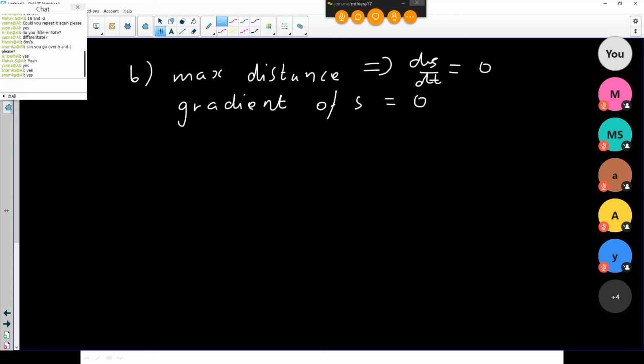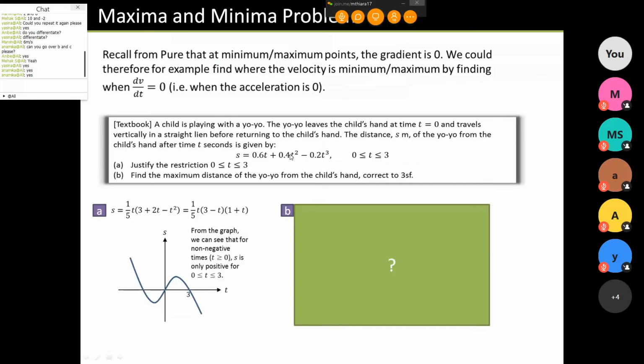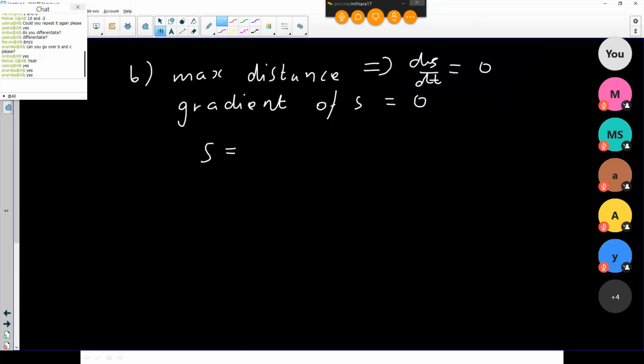Even if it said minimum, it would be ds over dt equal to 0. I know the formula for s is given by 0.6t + 0.4t squared - 0.2t cubed.